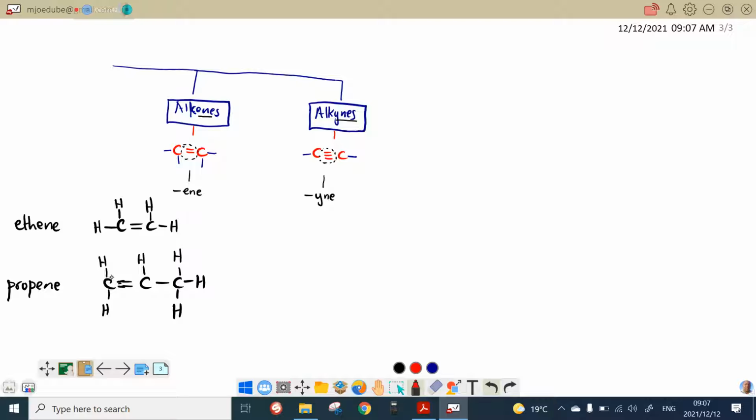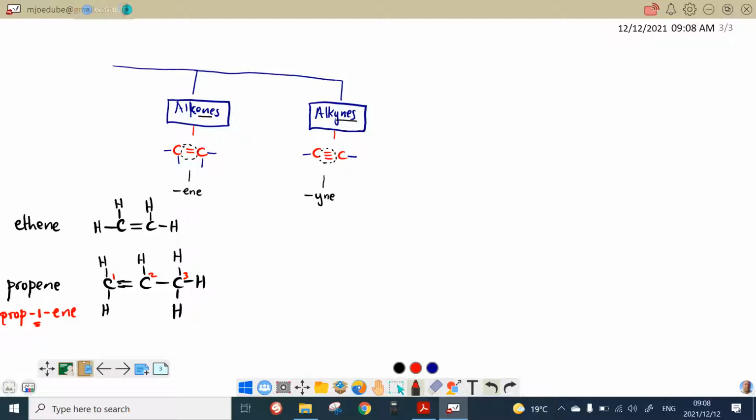So the carbon that is closest to that is this carbon here. So this will receive a number 1, and that will be carbon number 2, and this will be carbon number 3. So where is the double bond attached? It's attached to carbon number 1. So that takes the name. So this here will then be called prop-1-ene. That one showing the position in which you find the double bond.